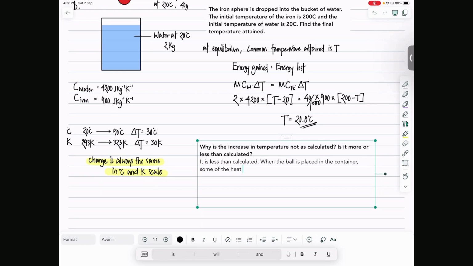We haven't started that yet, so this is a good point here. So when the ball is placed in the container, some of the heat is used to turn the liquid into gas.